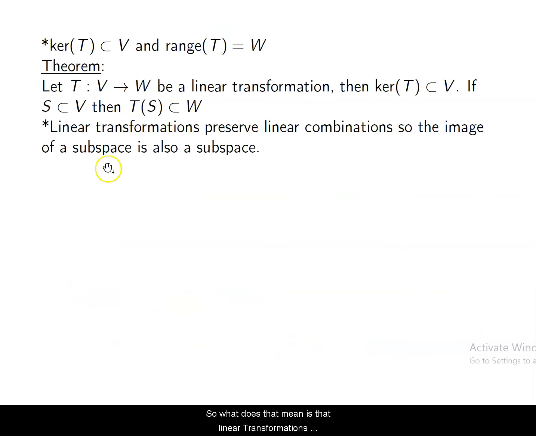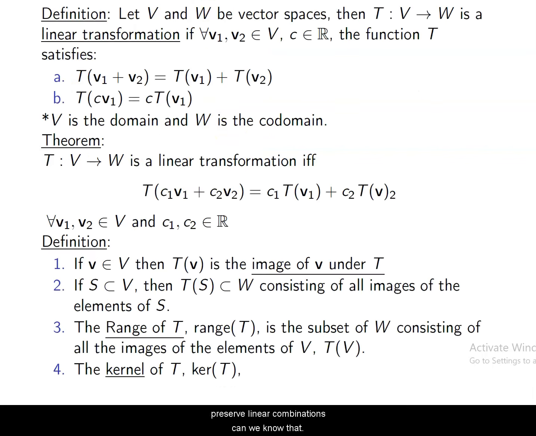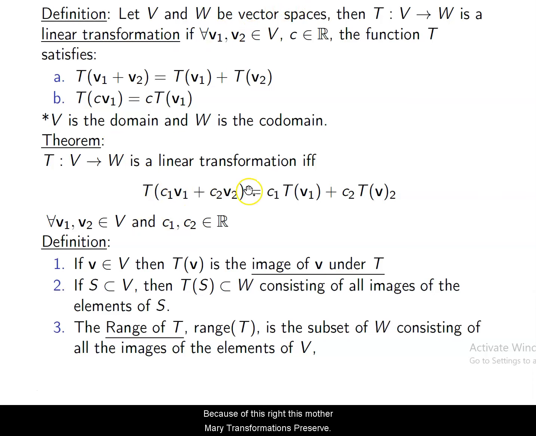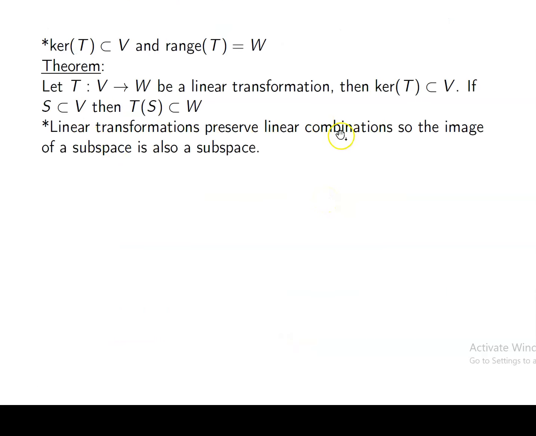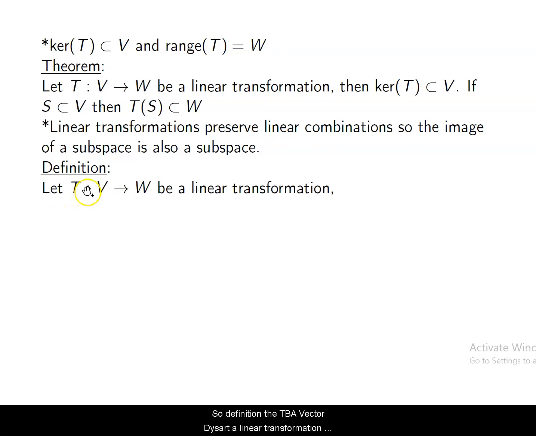Okay. So what that means is that linear transformations preserve linear combinations. Okay. We know that because of this small theorem here. Transformations preserve linear combinations. So the image of a full subspace is also going to be a subspace. Okay. So that's the reasoning for it.